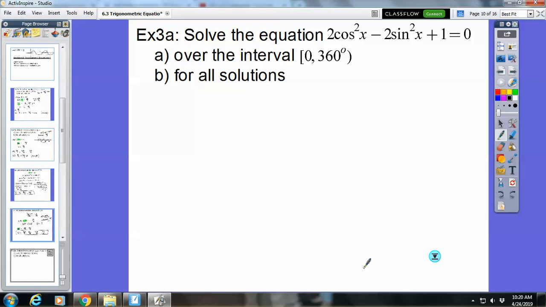What do you notice here? Okay, we're in degrees this time. We can't do box because I have 2 different trig functions. Is there a way to avoid the 2 different trig functions? What do you want to replace?